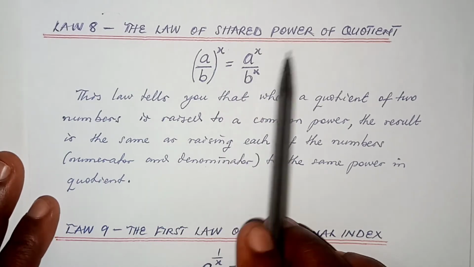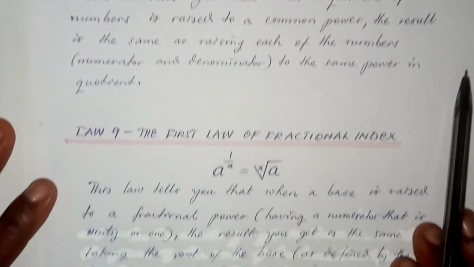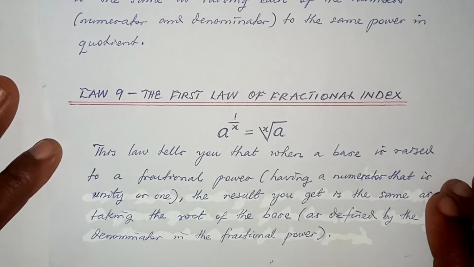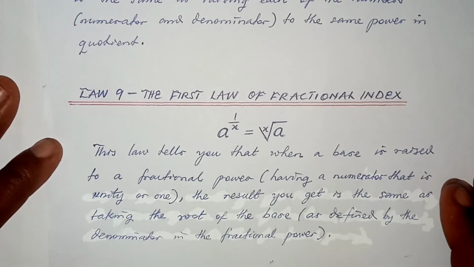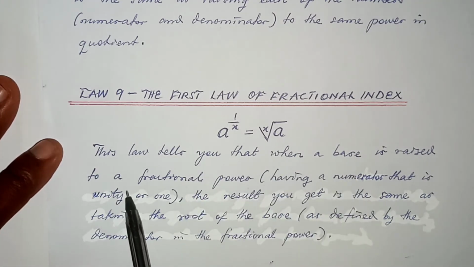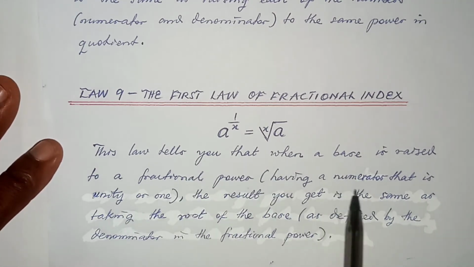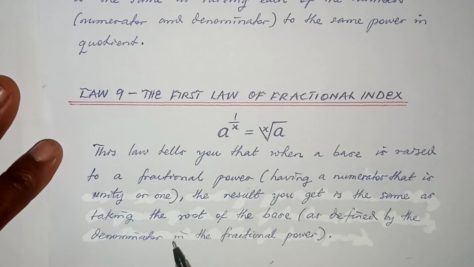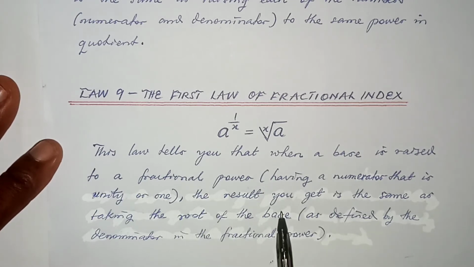Now, the next law here is the first law of fractional index. So this law tells you that when a base is raised to a fractional power, having a numerator that is unity or 1, the result you get is the same as taking the root of the base as defined by the denominator in the fractional power. Let me quickly explain that.